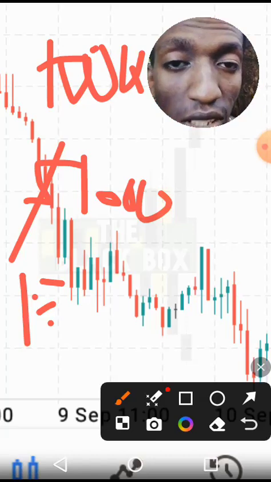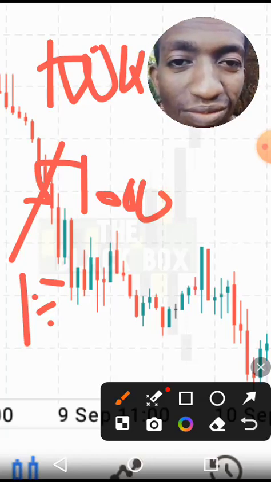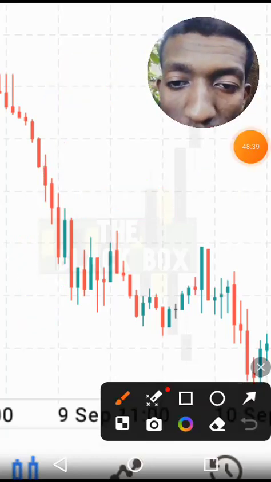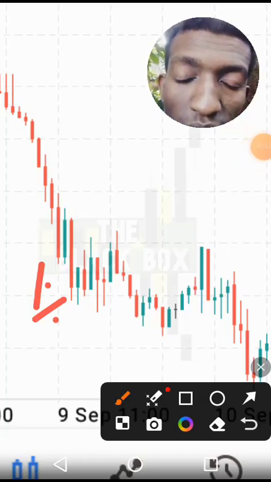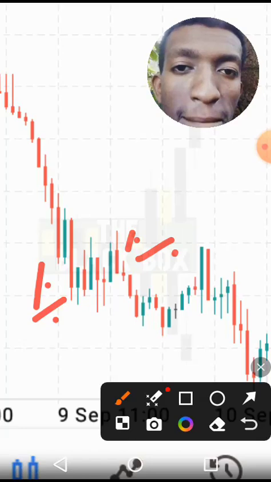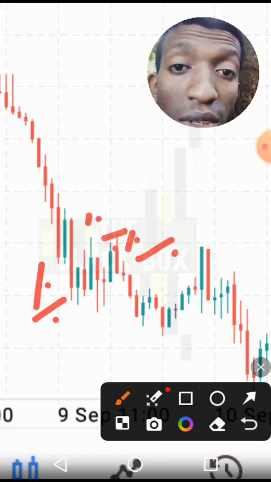So 1% doesn't mean it is low. So enter 1% risk at the break, 1% at the retest. If you get another retest, you might enter another 1%. That is 3% risk, right?